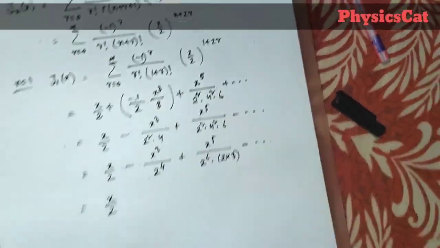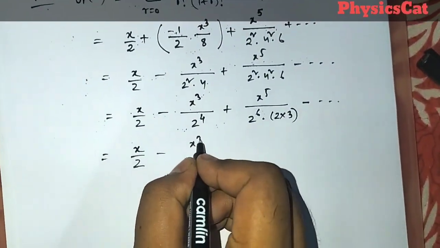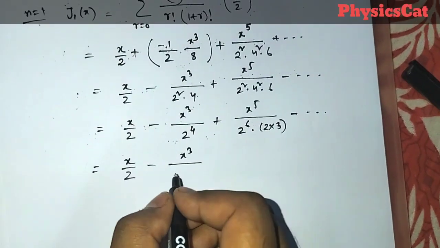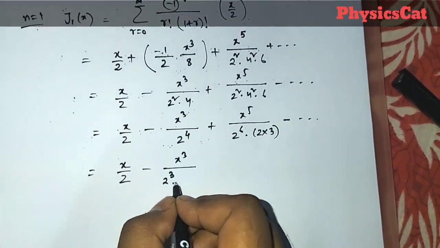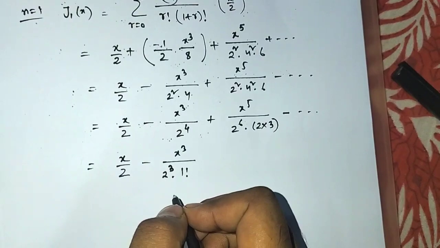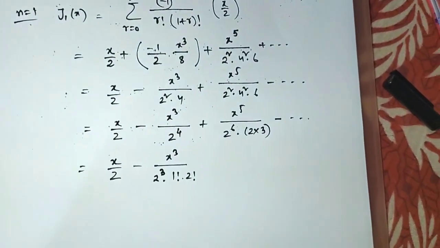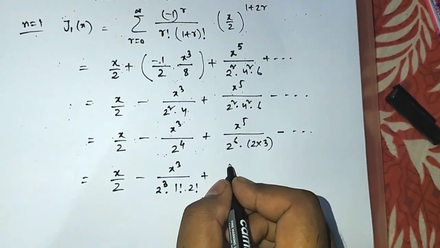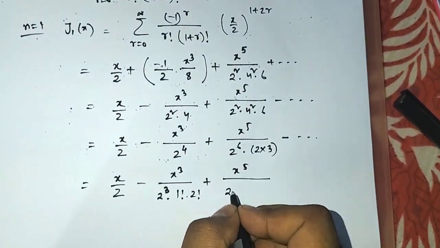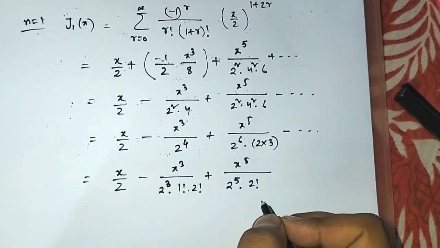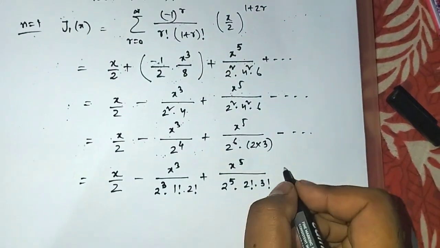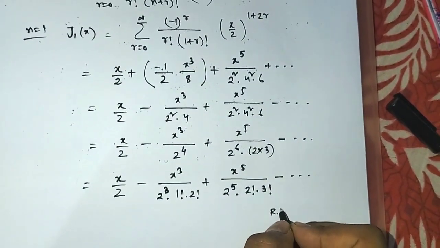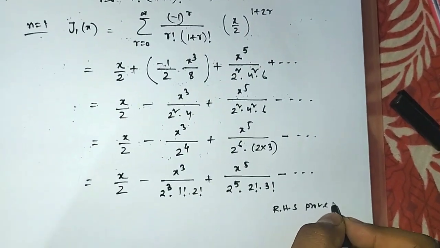So from here you get x/2 minus x cubed over 2 to the power 3 into 1 factorial into 2 factorial, plus x to the power 5 over 2 to the power 5 into 2 factorial into 3 factorial, minus and so on. So this is the RHS, proved.